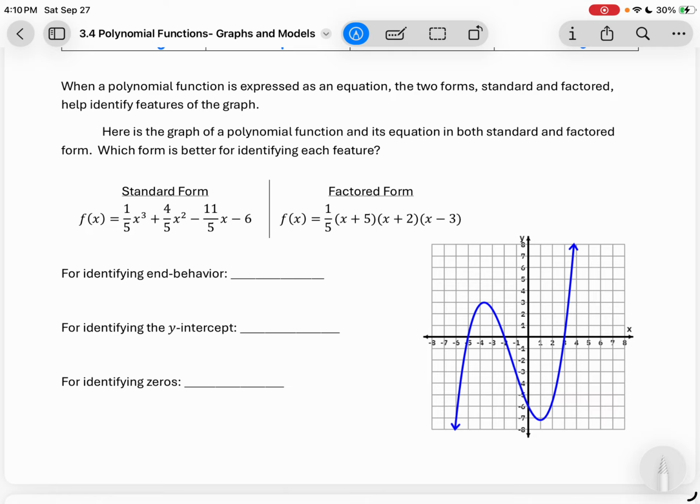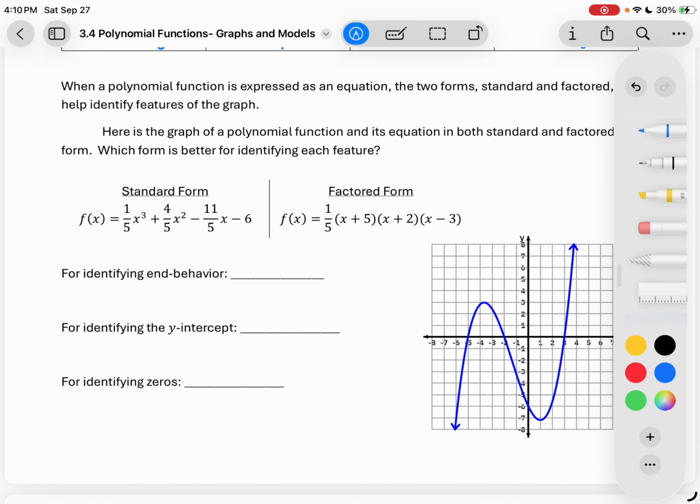If you look at the end behavior there, it's easiest to identify the end behavior using standard form because we can easily see the degree and the leading coefficient. So standard form is the one to use for identifying end behavior. And for identifying the y-intercept, if you look at the y-intercept on the graph, it's -6.